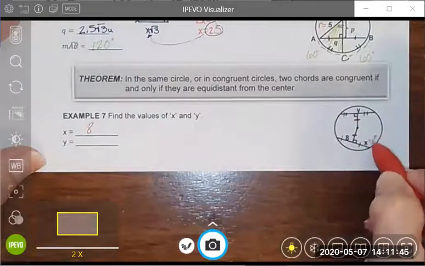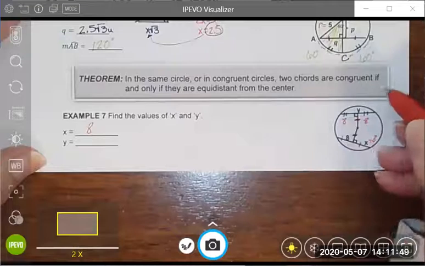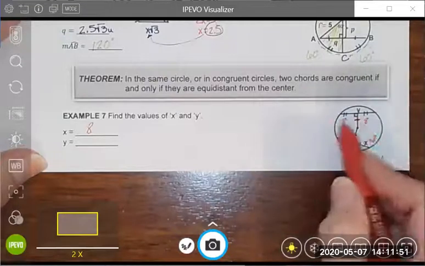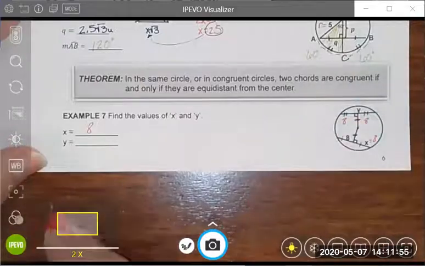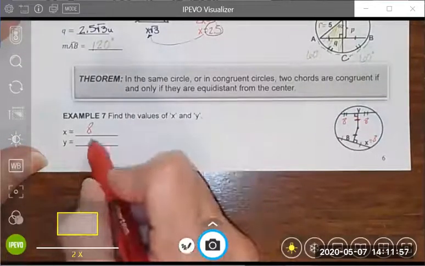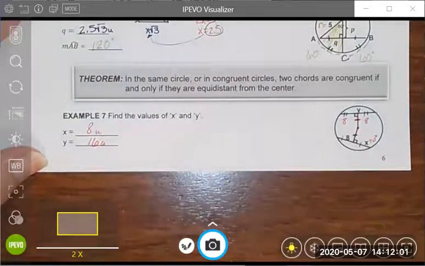This one's equal to 8. This one's equal to 8 because these two larger ones are equal by my theorem. And if these two together comprise y, then y is going to be equal to 16 units because they all add up. All right, guys, that was a lot of theorems pertaining to chords and segments and such, and that's our lesson for today.